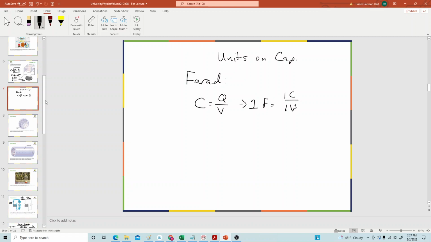So most capacitors are usually measured in things like picofarads and femtofarads. This is 10 to the negative 12 farads, and this is 10 to the negative 15th farads.